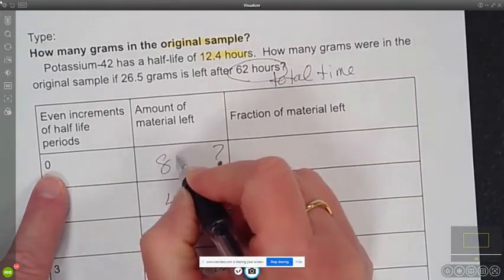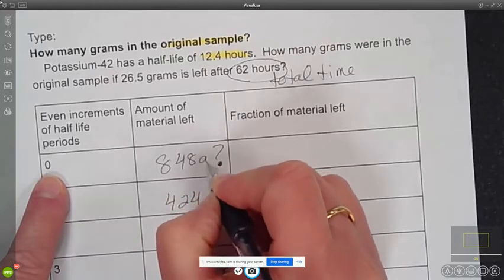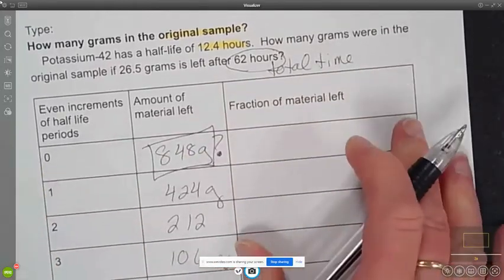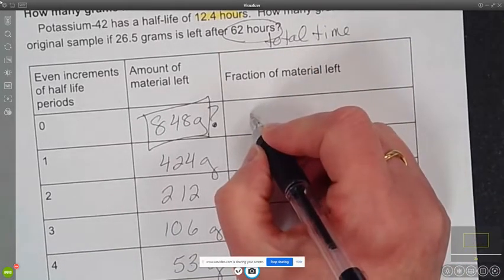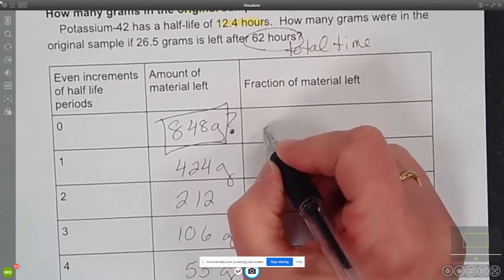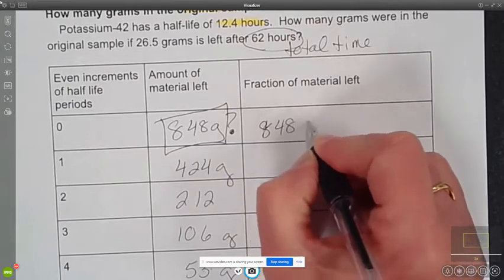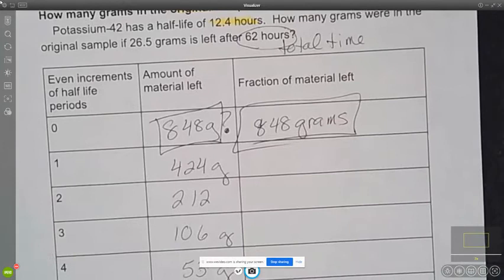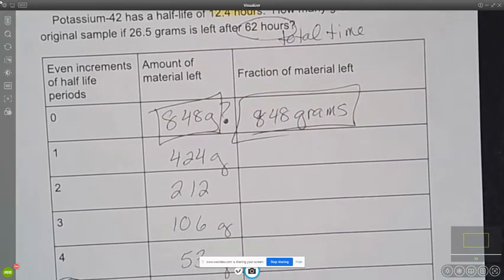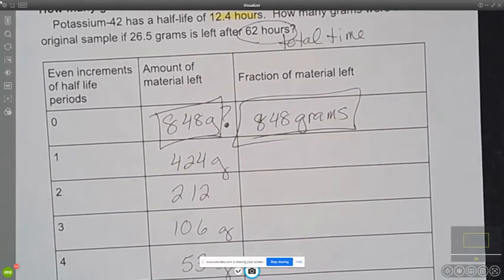Double that, that's 848 grams. So this is how much I started with. So write that on as you answer your questions on the worksheet. 848 grams. Write that unit out.